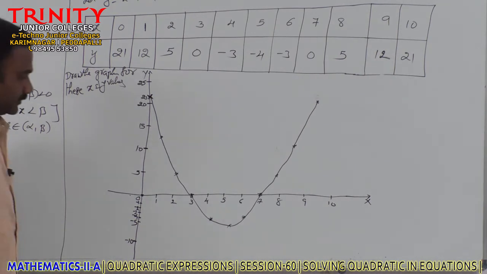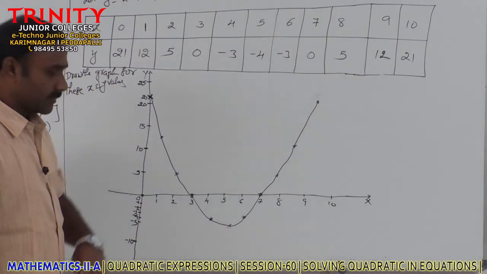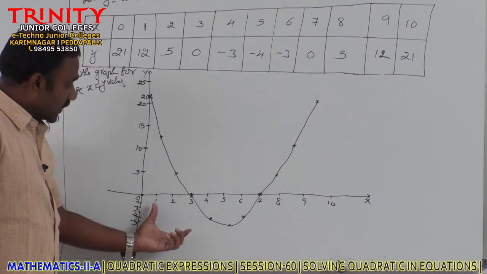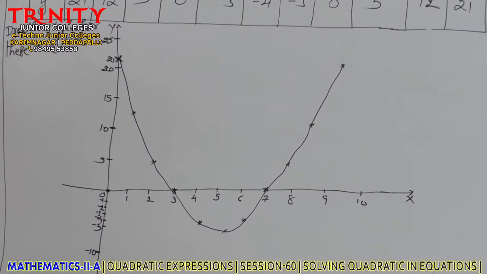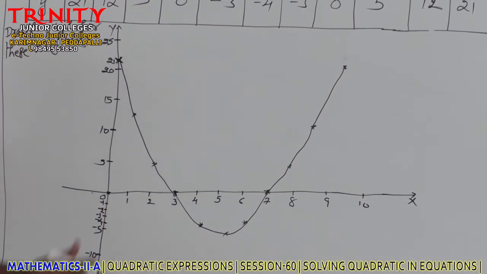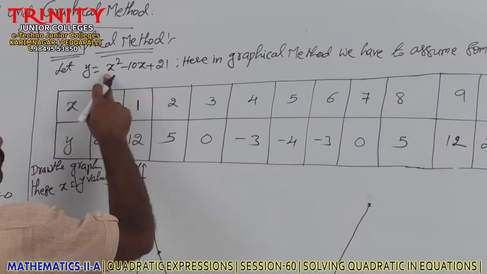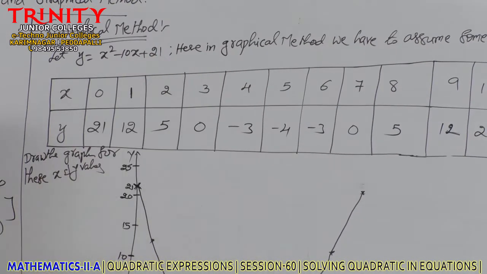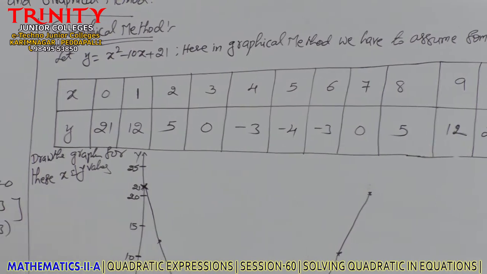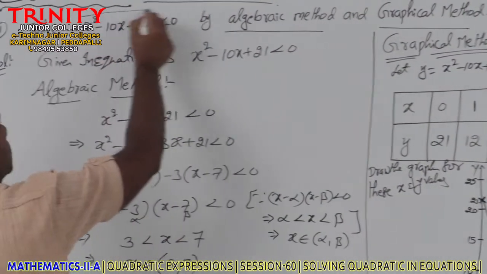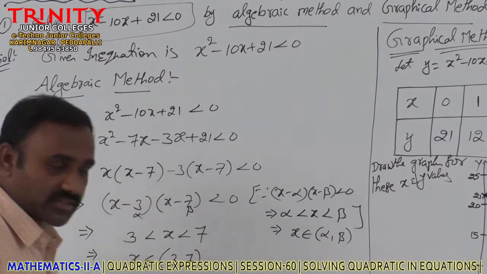This is the curve. See here, for this curve, he was asking when the expression x square minus 10x plus 21 is less than 0, by using the graphical method.